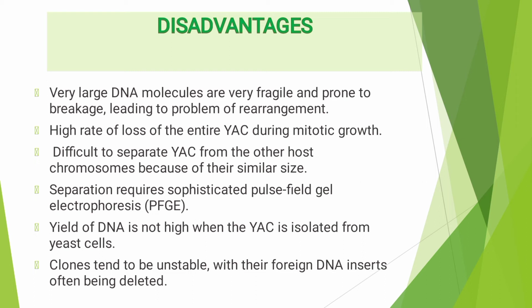It is difficult to separate YAC from the other host chromosomes because of their similar size, and separation requires sophisticated pulsed field gel electrophoresis, PFGE. The yield of DNA is not high when the YAC is isolated from yeast cells. Clones that we obtain are unstable, with their foreign DNA inserts often being deleted.